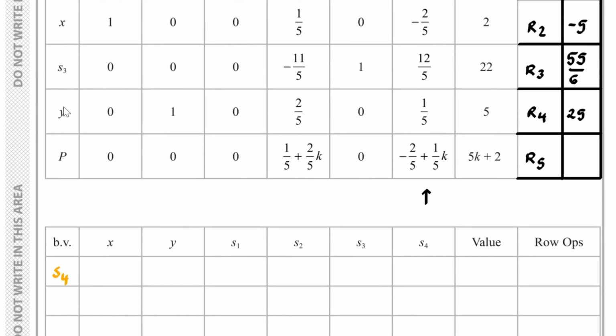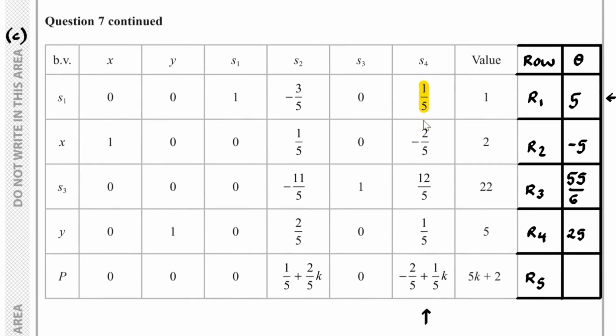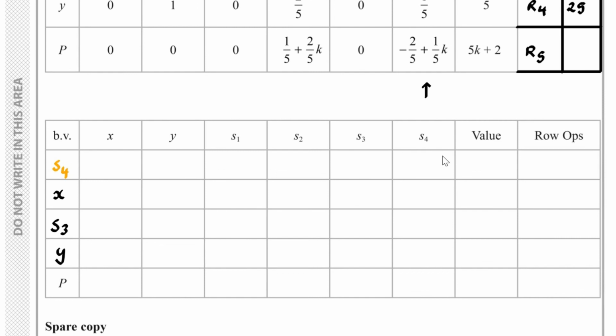The rest stay as they are, so here we would have X, S3 and Y, and if here we have 1/5, what we want it to say is 1 instead of a fifth, and for the rest of them we want zeros instead.